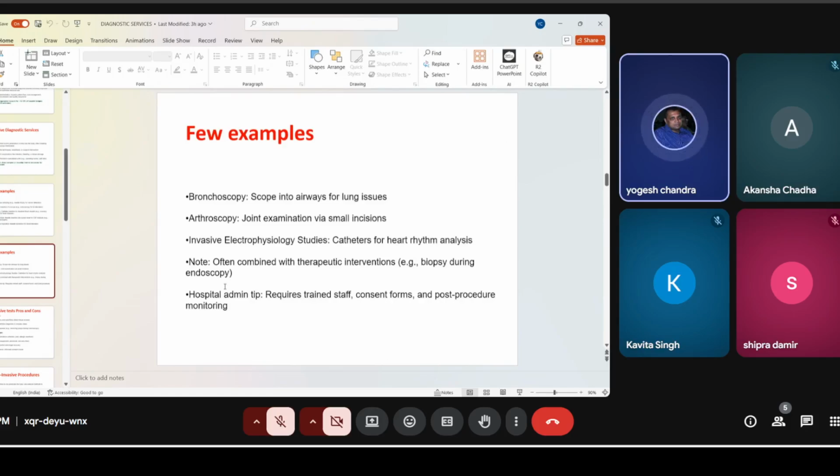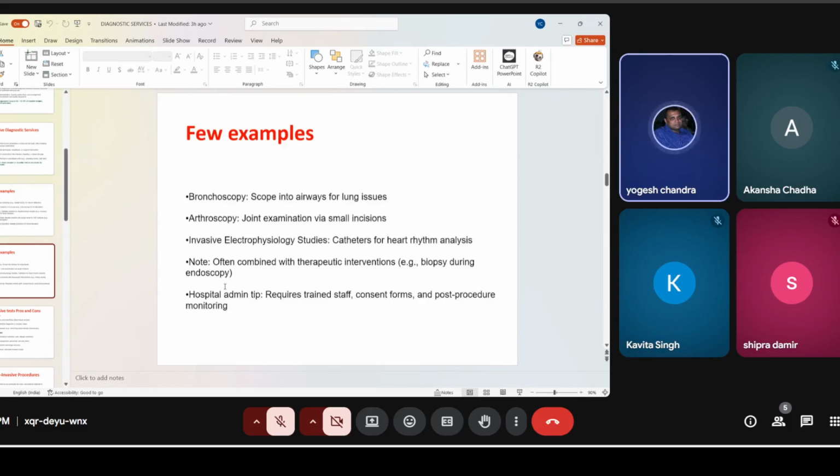Sometimes it is also involved in clinical intervention. You provide some kind of treatment, or do surgeries for the ligaments. Then we have invasive electrophysiology studies, catheters for heart rhythm analysis, and often these can be combined with therapeutic indications also.